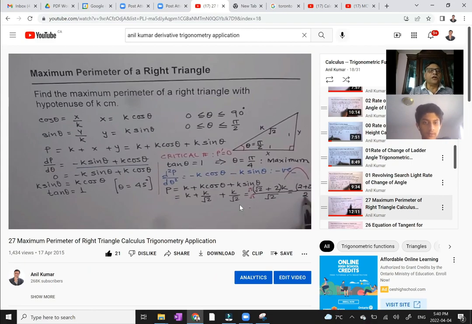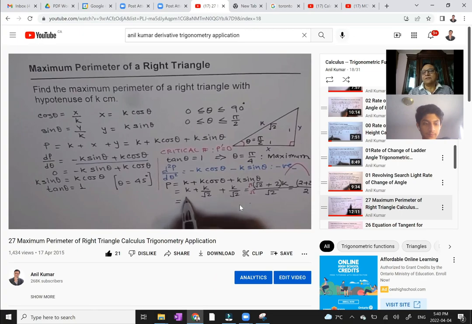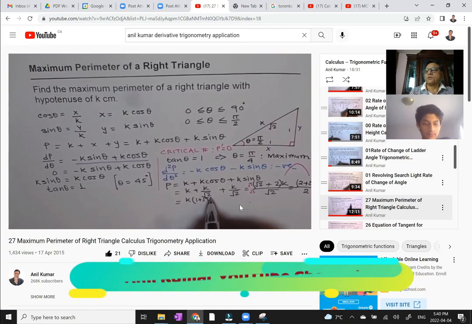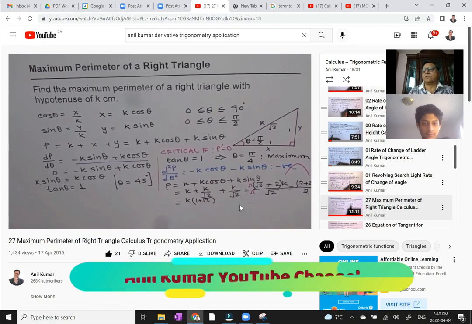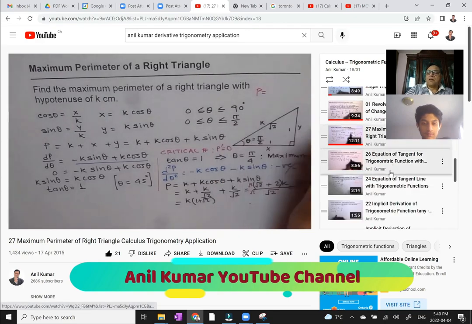See how easily using trigonometry we have done it, because sine theta is y over k, cos theta is x over k, and we know that we can relate them very easily. Perimeter is the sum of all these things, which is given to us, and you just differentiate with respect to theta, and you'll get an expression which can be simplified, and you can find the answer as shown here in this particular example. Do you see that?